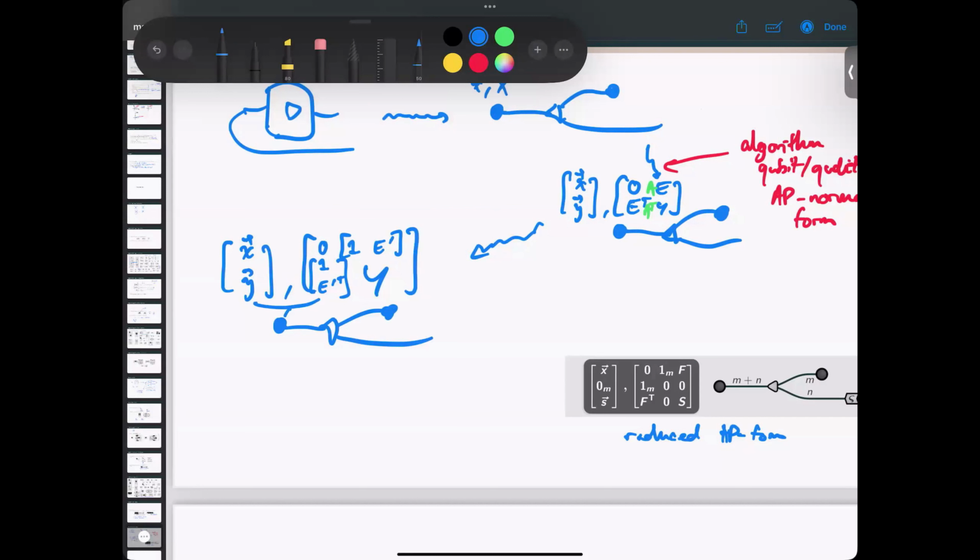Where obviously this phases on this spider.